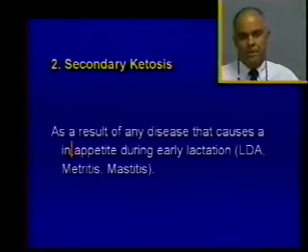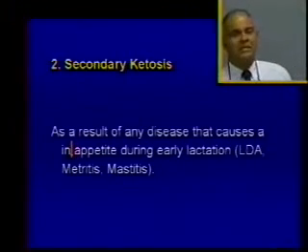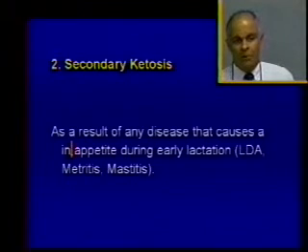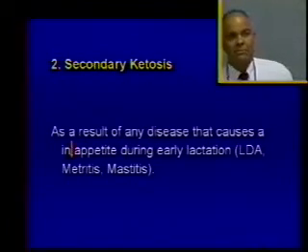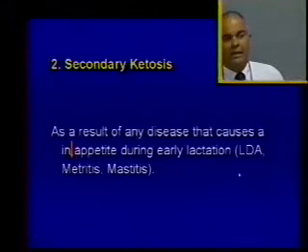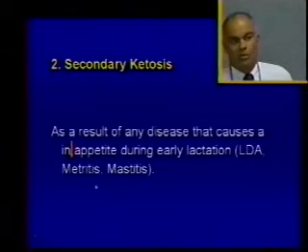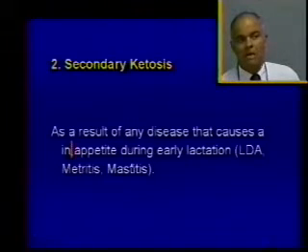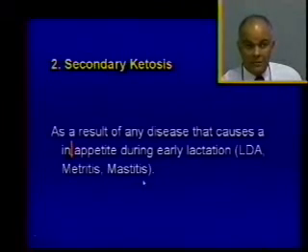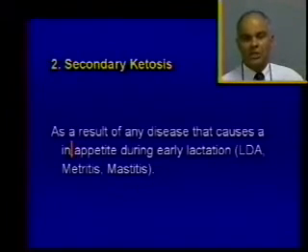And which are they? Let's think about this for a second. What diseases can we see during the postpartum period or days in milk that may affect ketosis? Well, it could be displacement of the abomasum, which I'm going to talk about in a few minutes, metritis, an infection of the uterus, mastitis, which is, of course, like we discussed, an infection of the mammary gland, or it could be poor management, that there's simply too many cows for the feed trough, or a ration that has not been properly balanced.